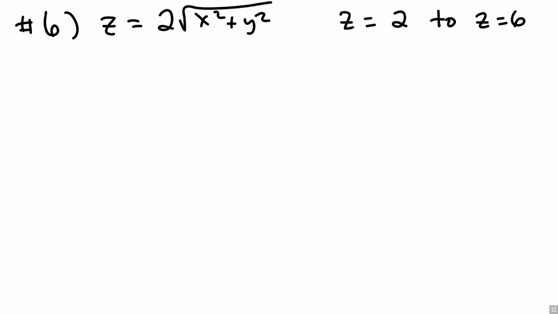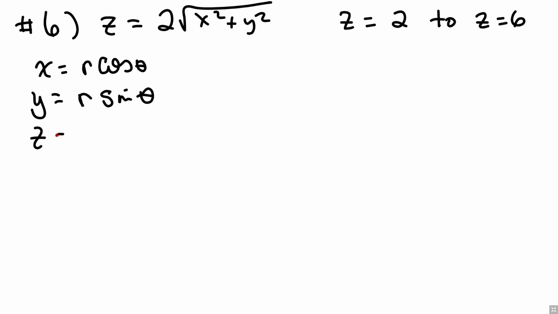Correct, yeah. Okay, so again, cylindrical coordinates are probably going to be the best. So x is equal to r cosine theta, y is equal to r sine theta, z will be equal to 2r.